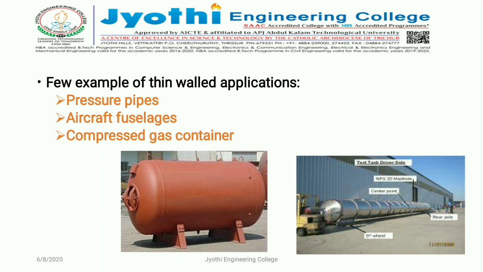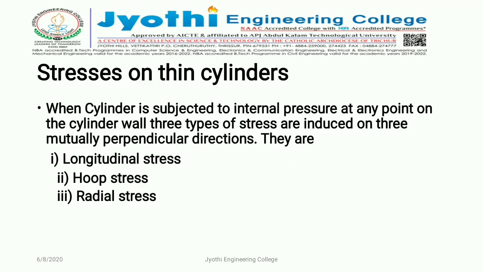Next we are going to look at the stresses developed in thin-walled sections. Mainly, stresses are developed in a thin-walled section due to the pressure of fluid inside the cylinder. Due to this internal pressure, mainly three types of stresses are developed.